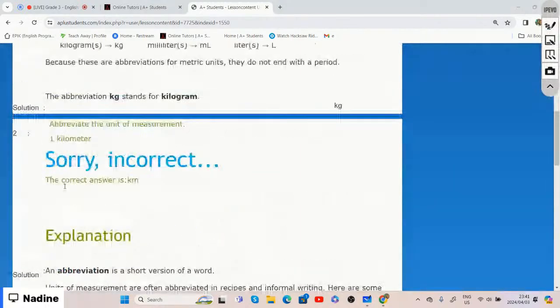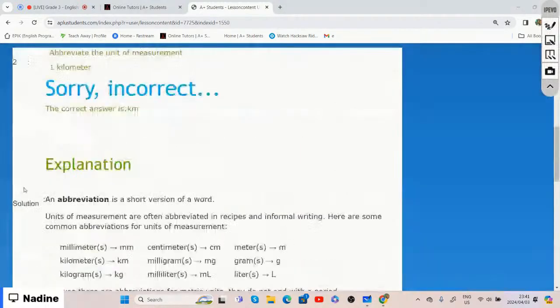What is the abbreviation for kilometers or kilometer? Some people say kilometers, some people say kilometer. So what is the abbreviation for 1 kilometer?